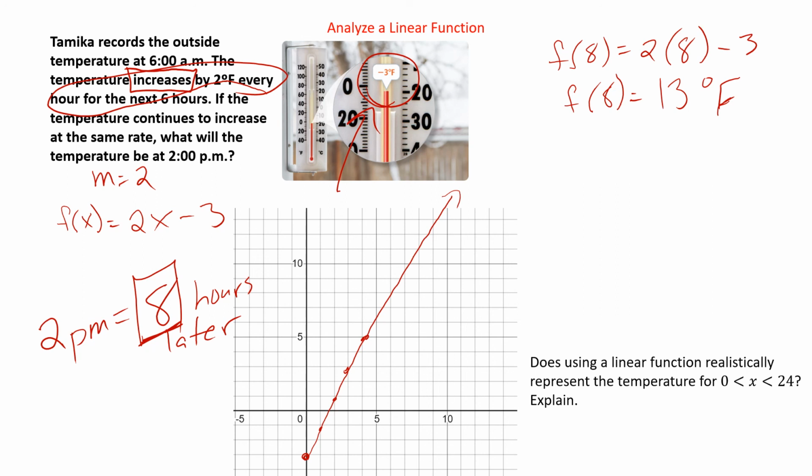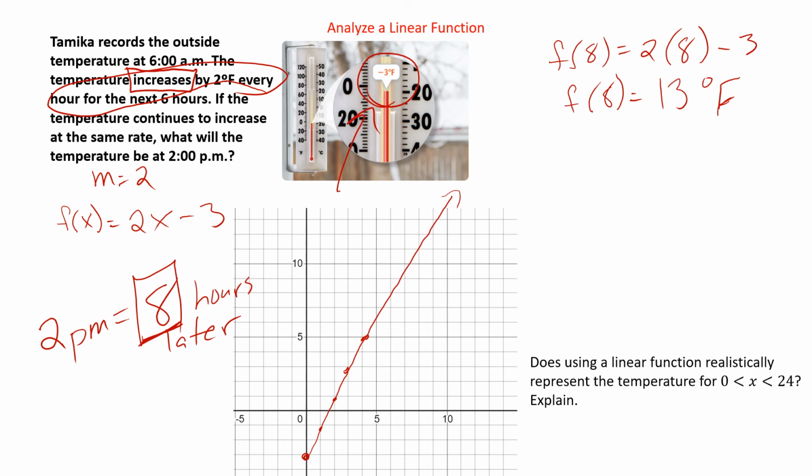We have the temperature of a day. Does the temperature of the day keep increasing all day long and then throughout the night until we get to the same time the next day? No, at some point in time, that temperature is probably going to go back down. It wouldn't make sense to keep using a linear temperature for the full day.